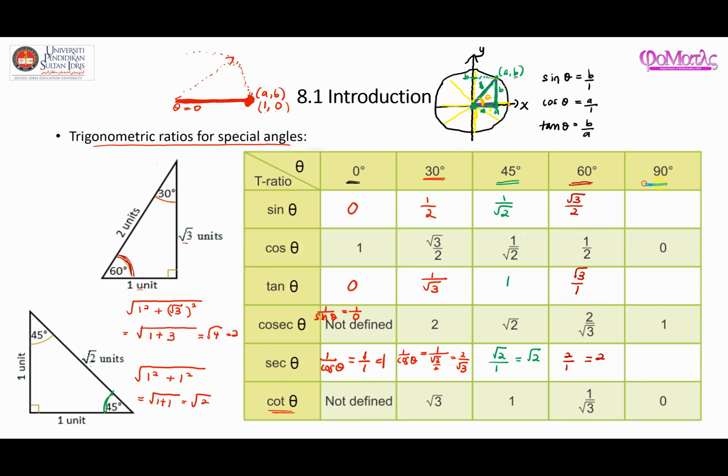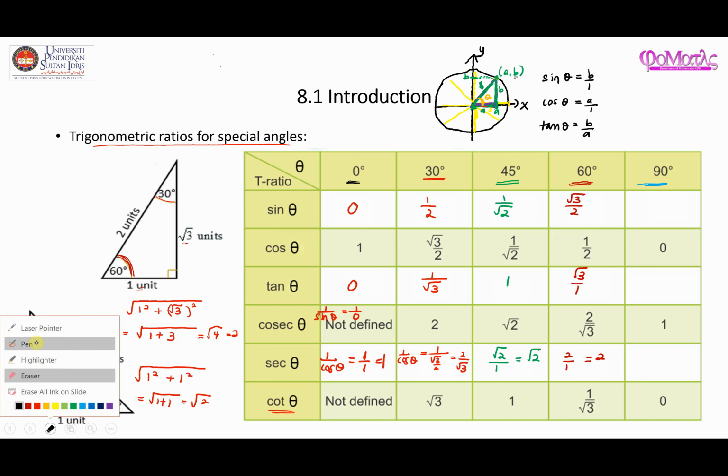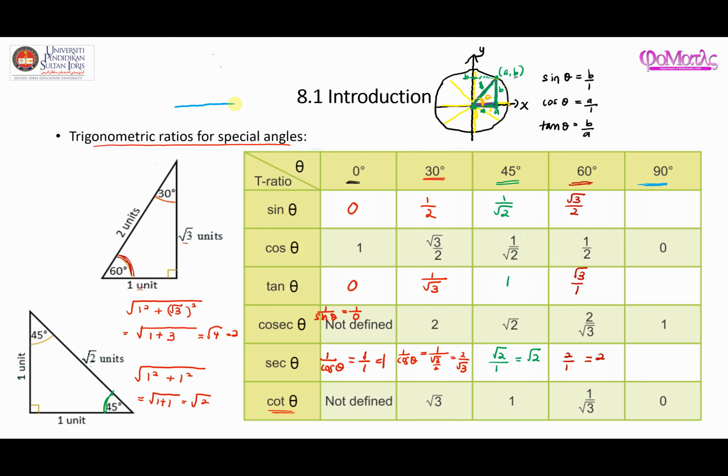Now, how about angle 90 degrees? So now let's consider the angle of 90 degrees. So following the similar idea, originally this is what you have. I'm going to just draw a simple diagram here. So this is the initial side, and this is the terminal side, where originally you have this point here of coordinate A and B. So this is your theta.